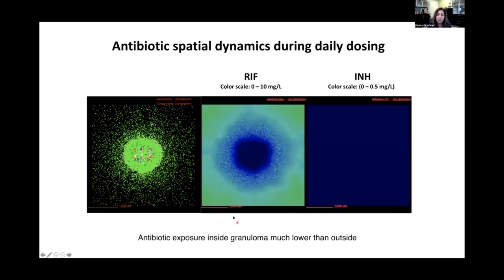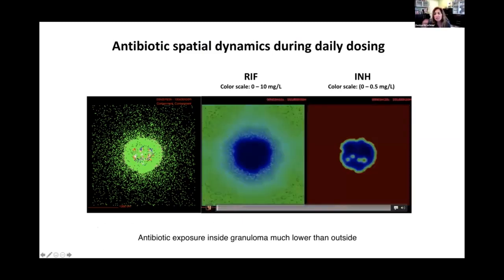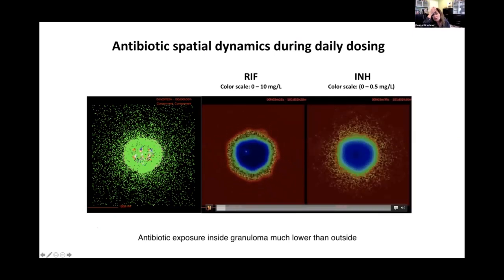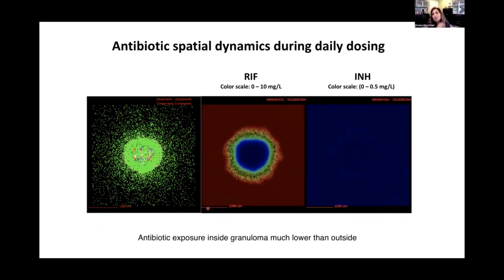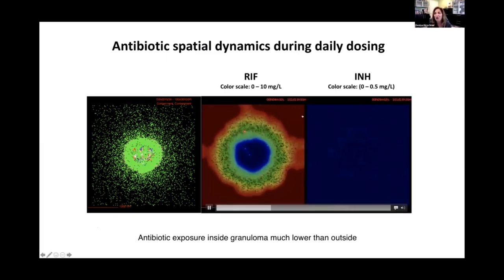And more importantly, what we're able to show, and here's a granuloma that we're going to treat with 2 different drugs. One is called rifampin and the other is isoniazid. And you can see even after a single dose, the RIF is staying around actually until the next dose, but the INH half-life is so short it's gone quickly. Notice also that most of the drug in this granuloma is on the outside of the granuloma and not within it.